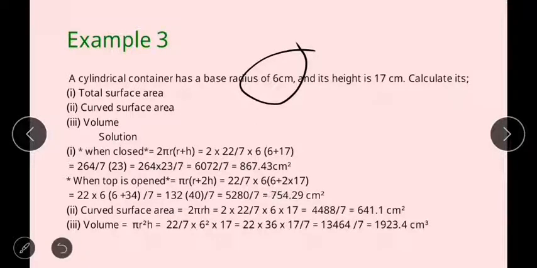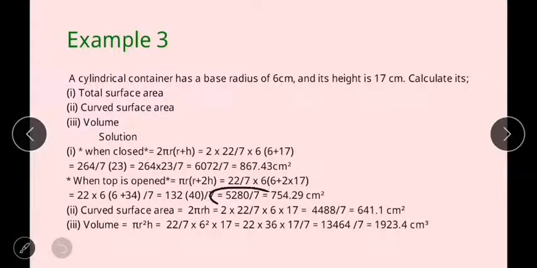Take it one step after the other. 22 multiplied by 6, open bracket, 6 plus 2 times 17 is 34. Everything all over 7 would give you 132 times 40 over 7. The 40 is gotten from 6 plus 34, right? Solving further will give you 5,280 over 7.